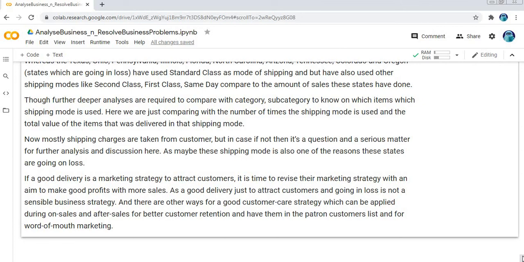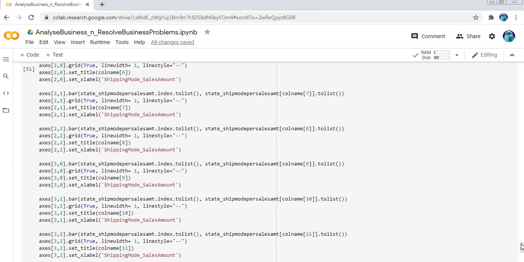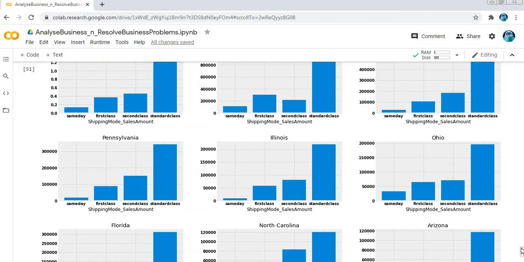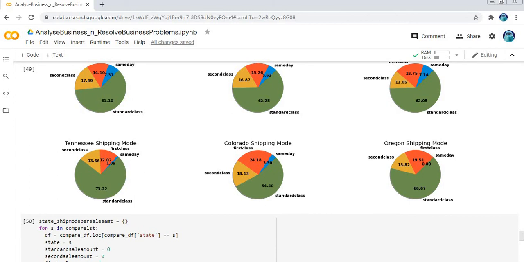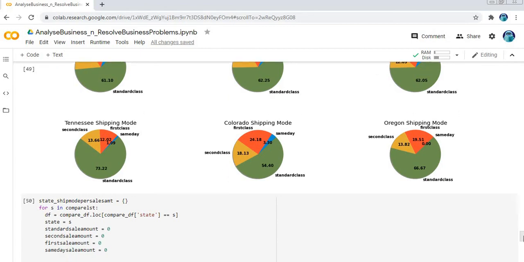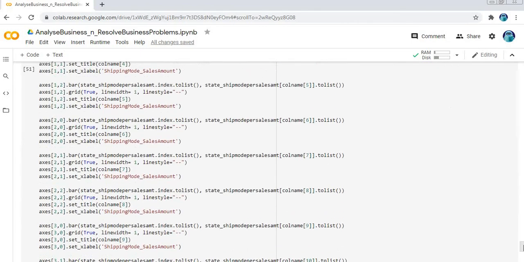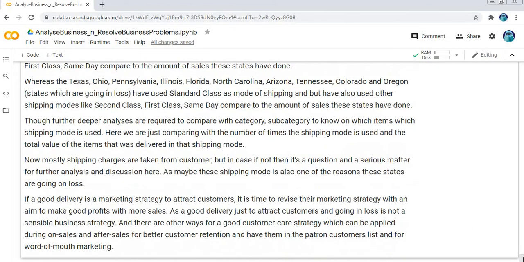Now we can also analyze whether these two cases, giving discounts and the shipping mode, are one of the things making these states go into loss.